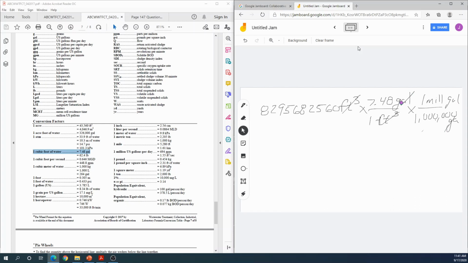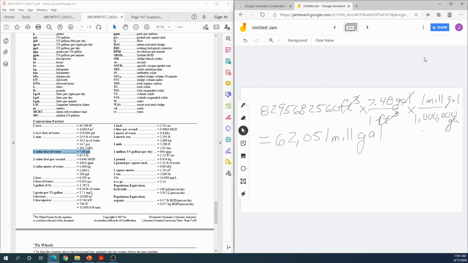We're left with million gallons of water. So we take our cubic feet times by 7.48 and then divide by a million. And we get 62,051 million gallons.